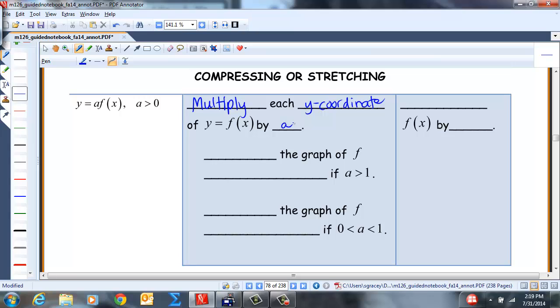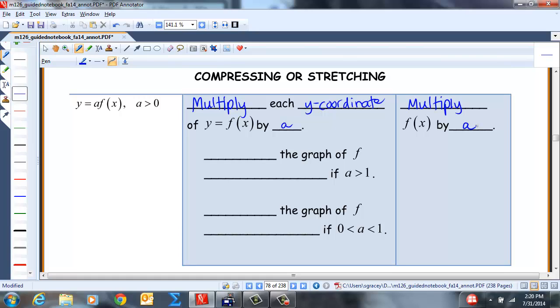So the functional change is multiply f of x by a. Now, as we noticed with that graph of x to the fourth, we had multiplied it by 2 and then by 1/2.